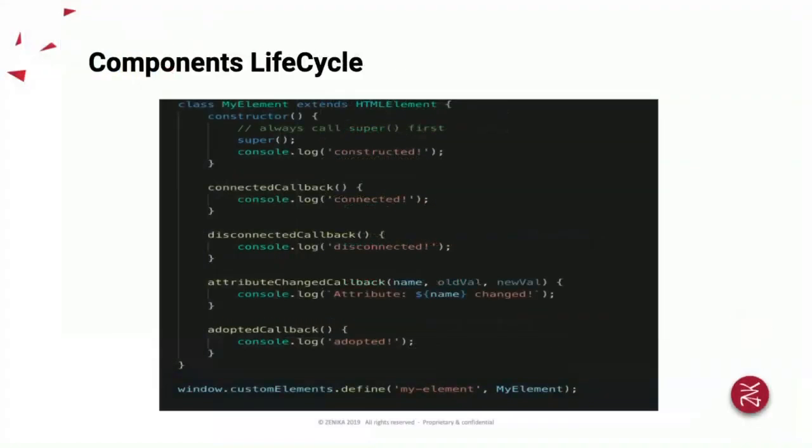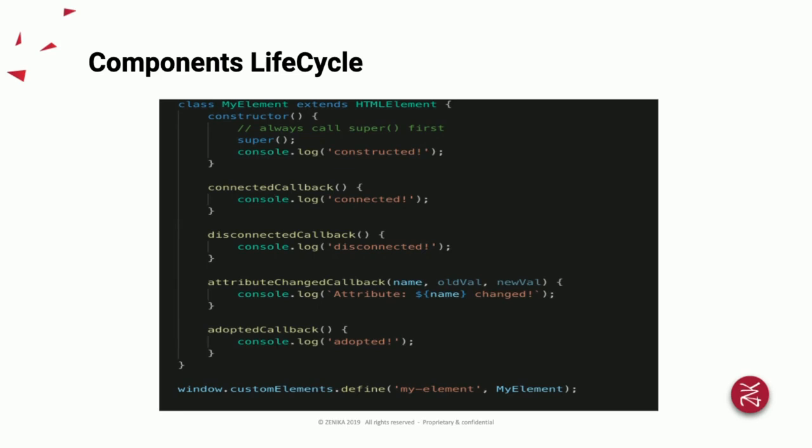These are the lifecycle methods provided with custom elements. The constructor is there by default with any class you define. Connected callback is called every time your component gets created and attached to the DOM tree. Similarly, disconnected callback is to clear your memory and detach your events.